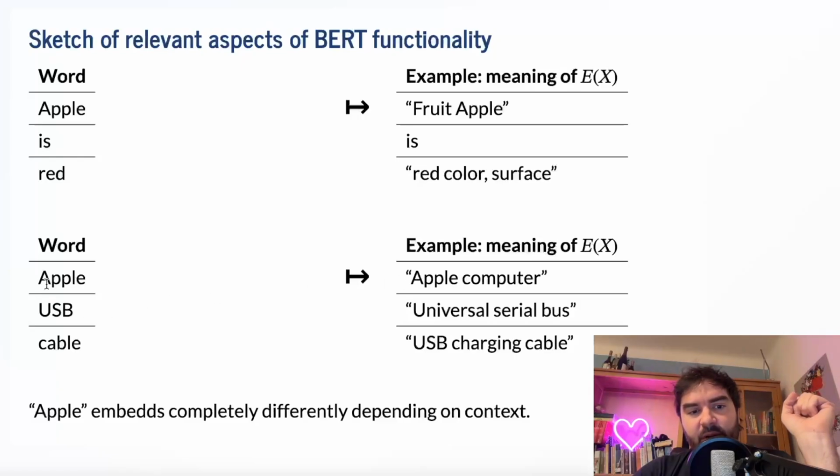So if I talk about Apple USB cable, then we talked about apples, but in the end, this will be associated with charging and electric power, whereas here this will be associated with fruits.